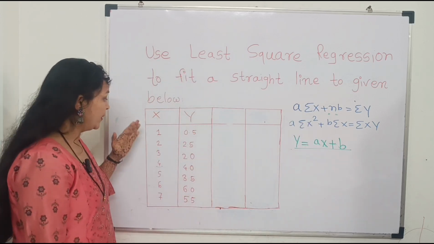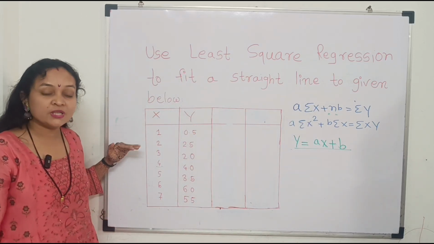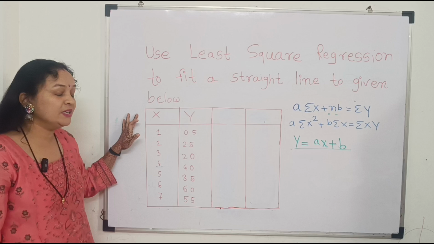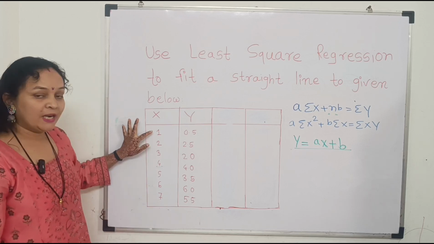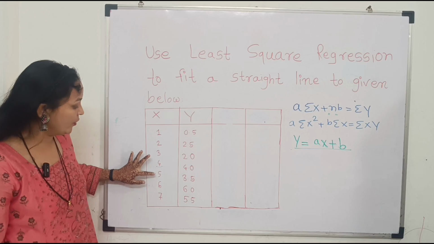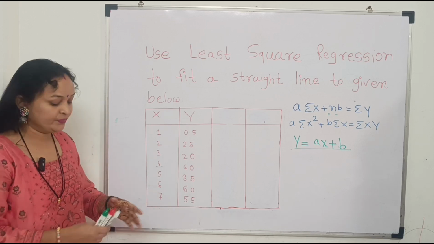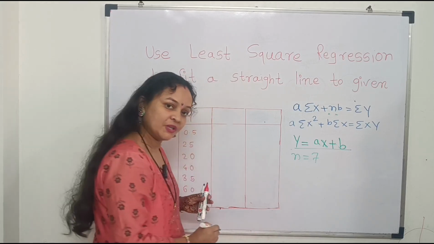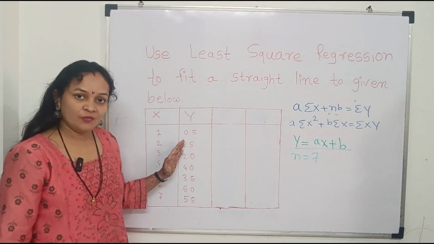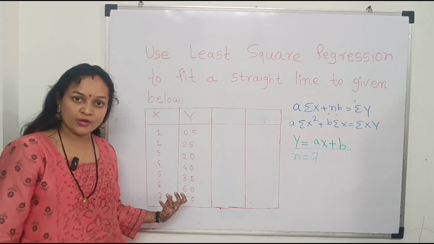Now what is the n? n is nothing but how many rows are mentioned in the given set of x. If you count these, that becomes 1, 2, 3, 4, 5, 6 and 7, right? So n becomes 7 here, and the x and y data are mentioned over there.